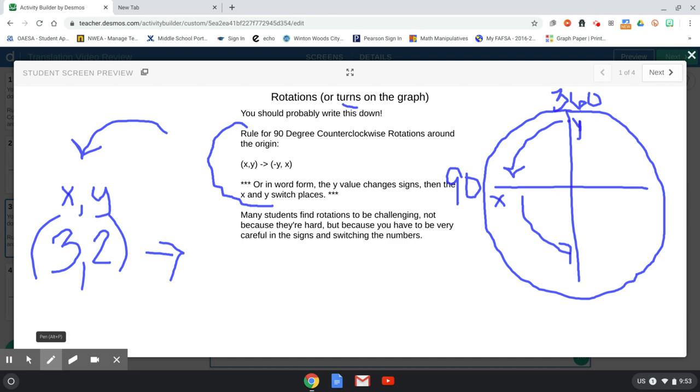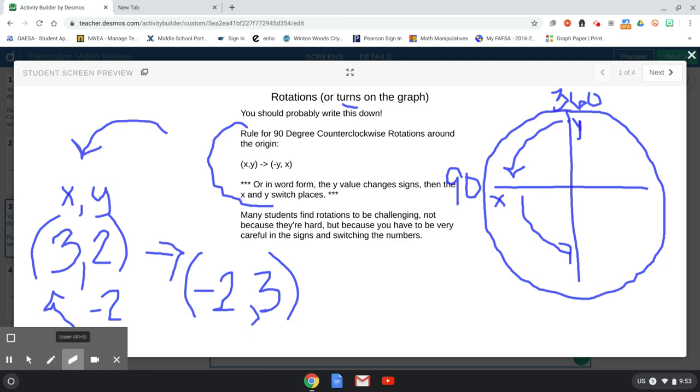The 2 is going to change signs, and then it's going to swap places with the x. So this would become -2, 3. That's how the 90-degree rule works for counterclockwise rotations. And it is acting like one turn on the graph.